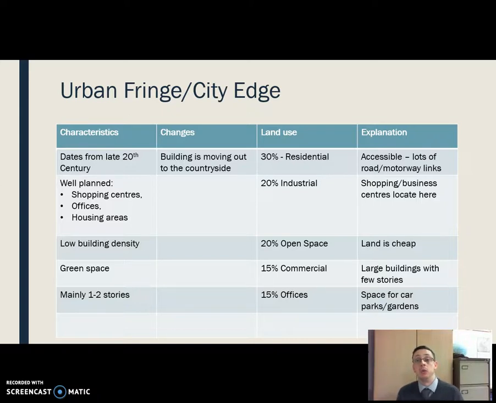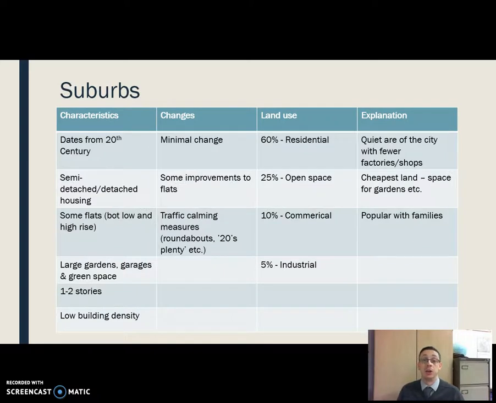And if we move into our last area, the suburbs, so right on the edge of a city, newer build areas, 20th century onwards, we're looking at semi-detached and detached houses, maybe some flats. Now, I've got a typo on my screen, so we've got both low and high-rise flats. And again, green space, large gardens, garages, parks, low building density.